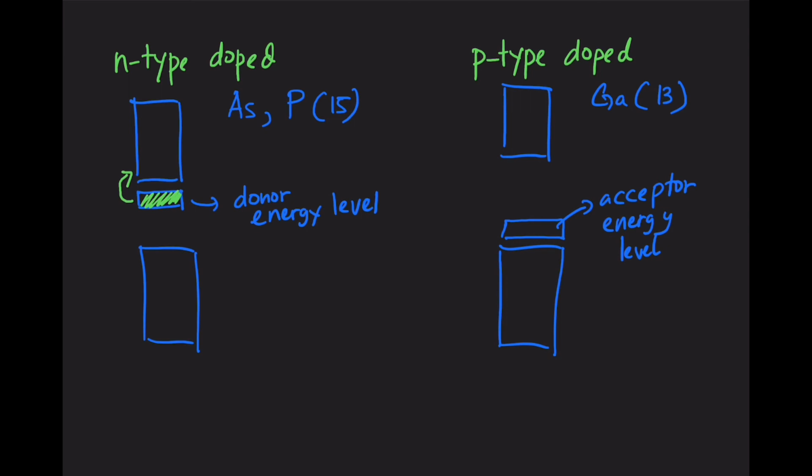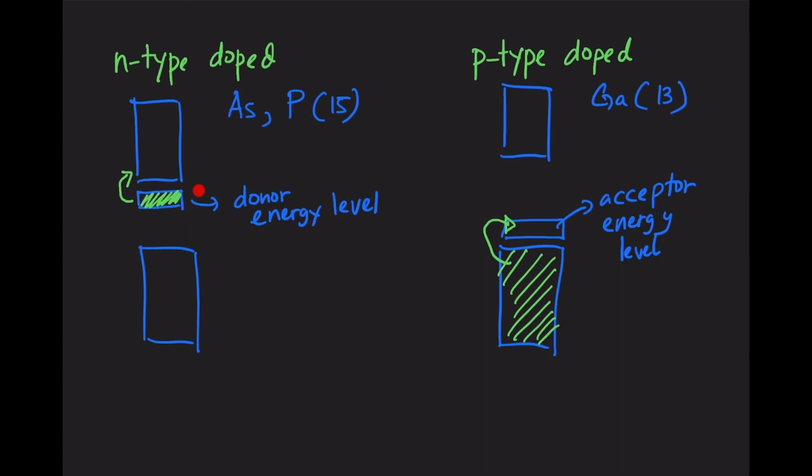And in this case, electrons from the valence band can jump into this empty acceptor energy level and overcome a way smaller band gap in comparison to the initial band gap that is larger.